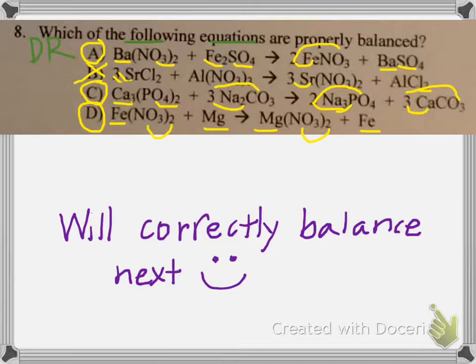In letter B, I have a compound and a compound, so that's another double replacement. In letter C, I have a compound and a compound, another double replacement. And in letter D, I have a compound and an element, so that's a single replacement reaction.